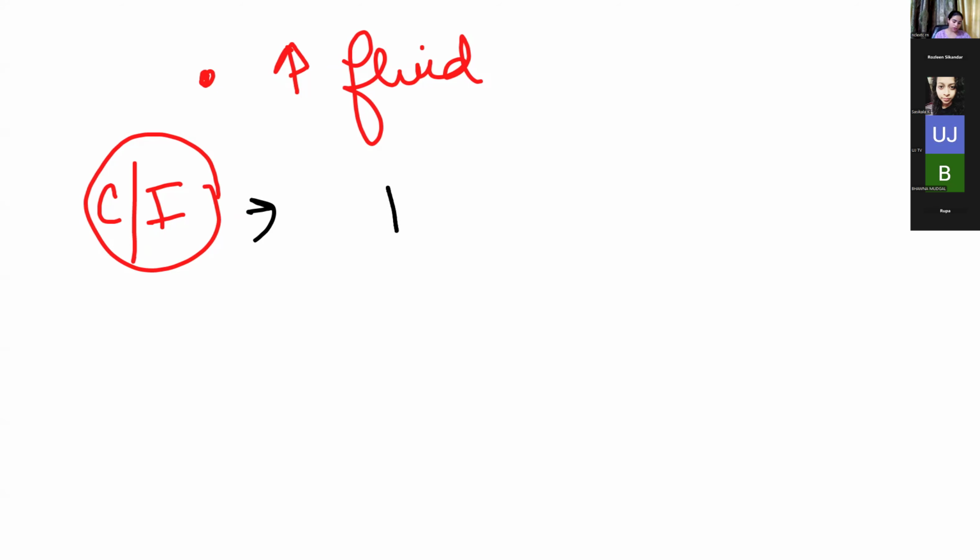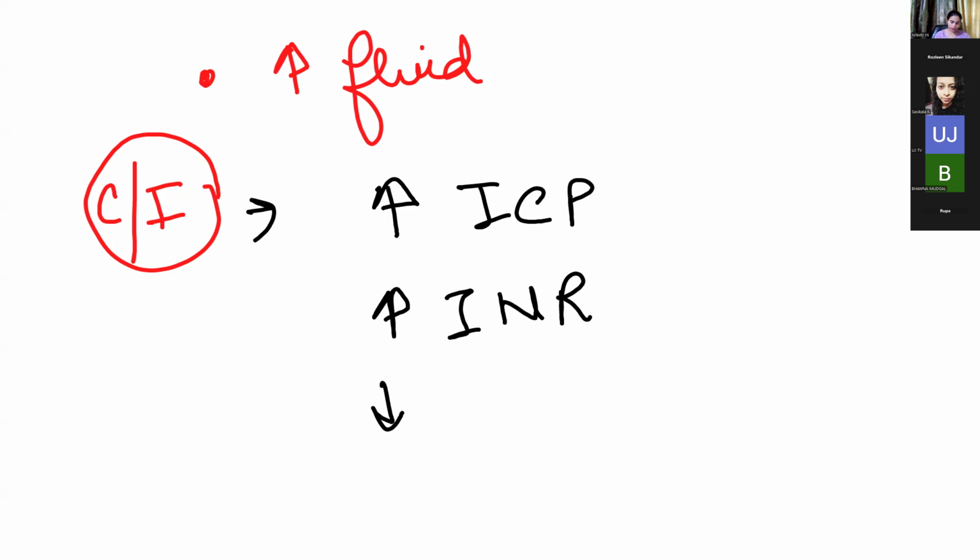Those conditions are increased ICP, increased INR, decreased platelets, then chronic back pain.